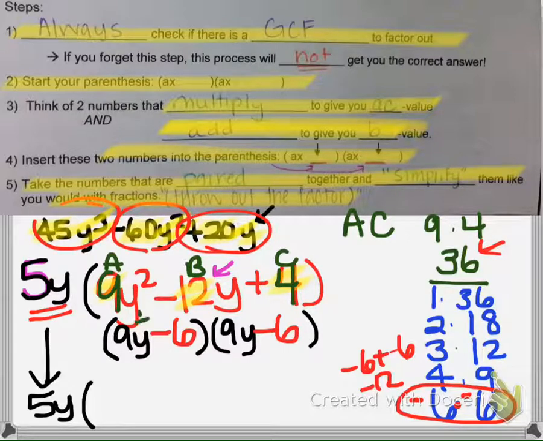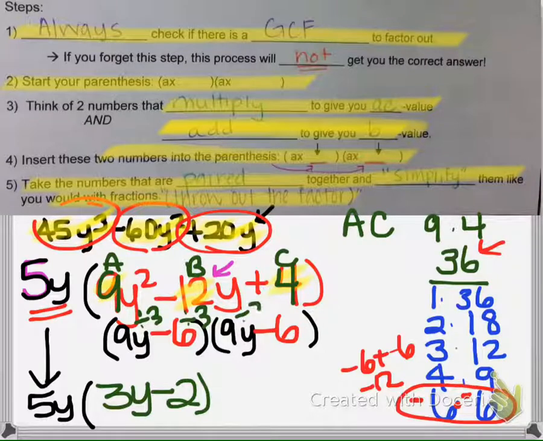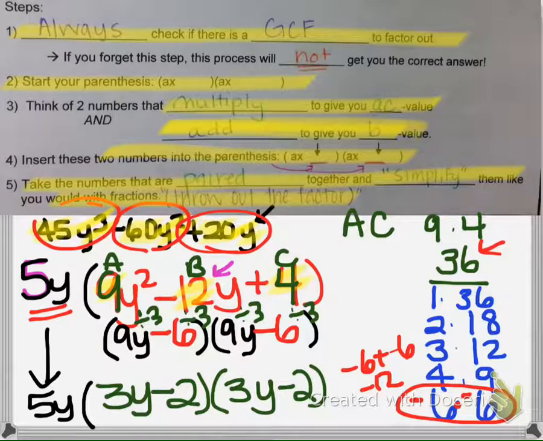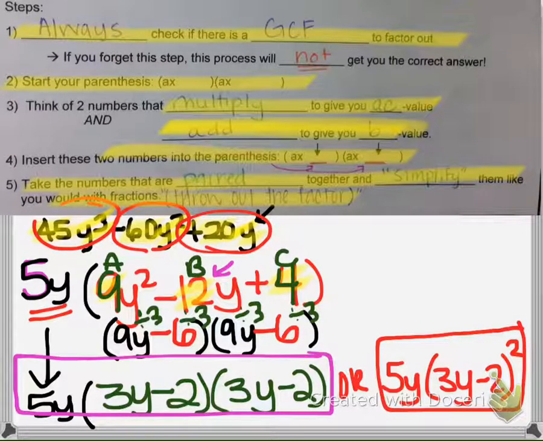I know that 3 goes into 9 and 6, so it would become 3y minus 2, and then the same thing here. So we have our answer in factored form, and remember, since these two are the same, we could also write it this way. Either way is absolutely correct.